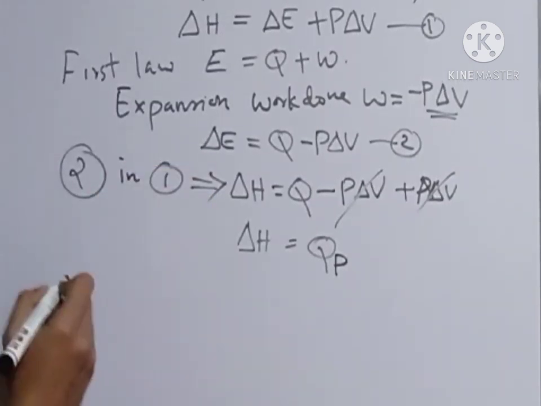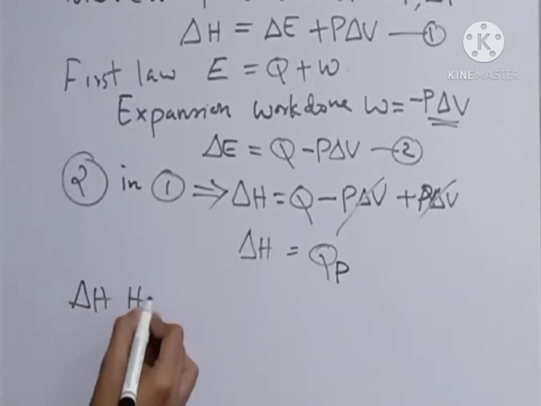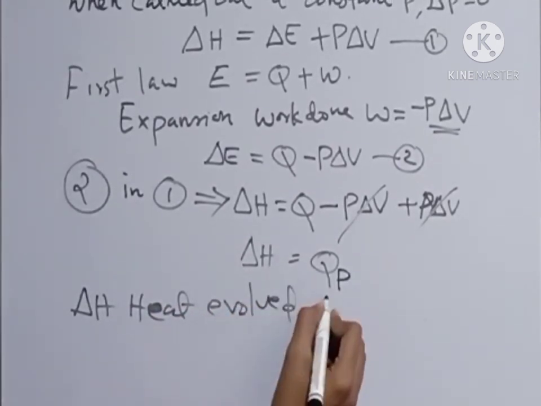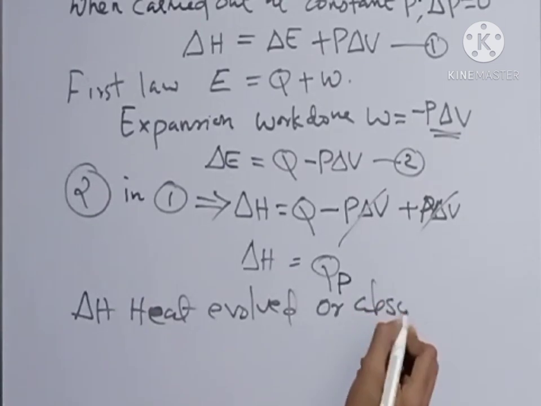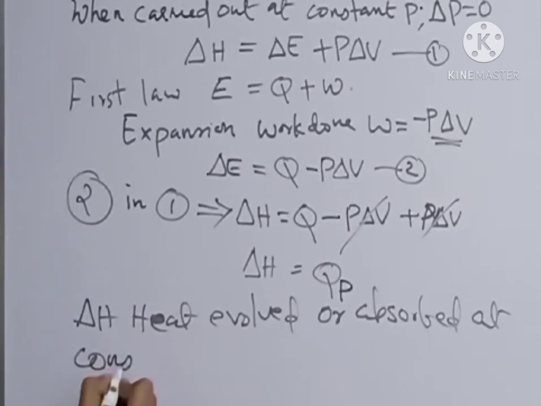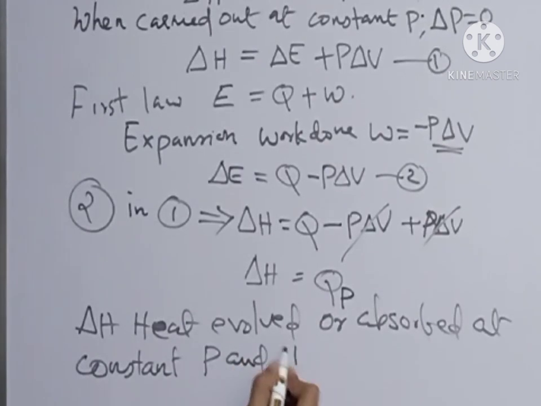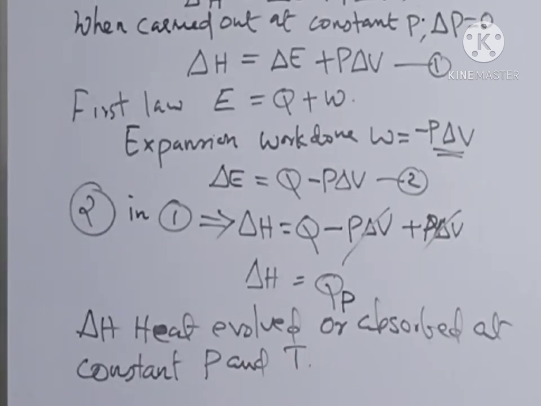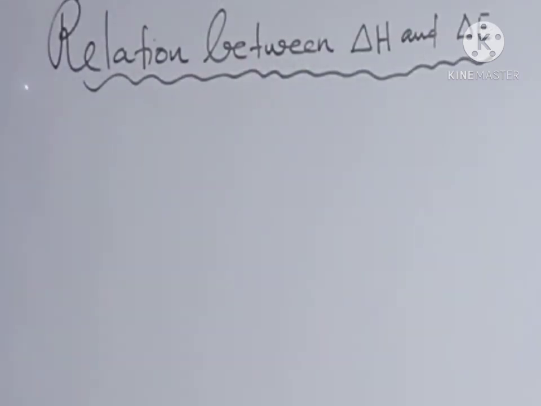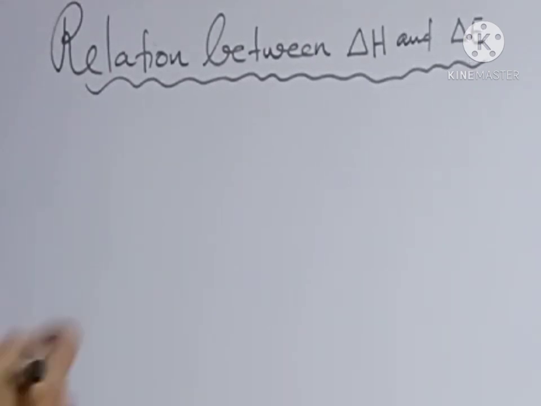So we can say enthalpy change is the heat evolved or absorbed at constant pressure and temperature. So let us find out the relation between delta H and delta E, that is change in enthalpy and change in energy.